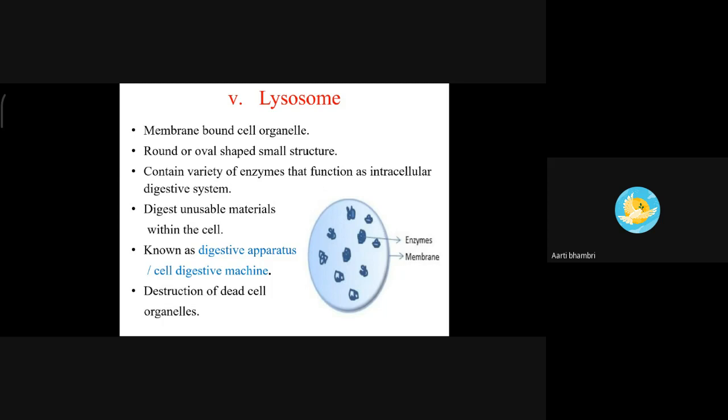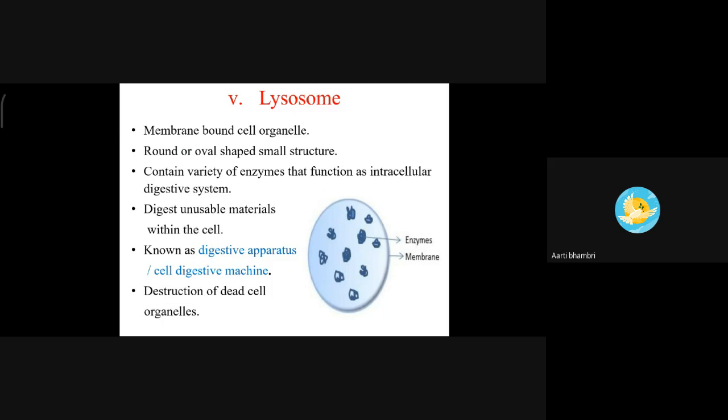The rest of the material which is not absorbed in our body gets out of the body by our excretory system. So this part of the cell is done by lysosome. They digest the unwanted materials too, and they excrete the unwanted materials.